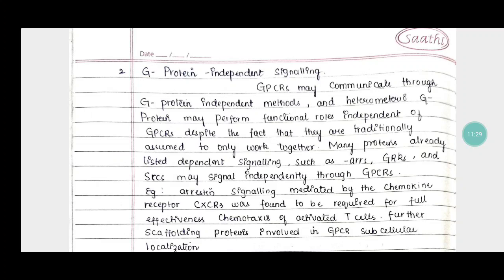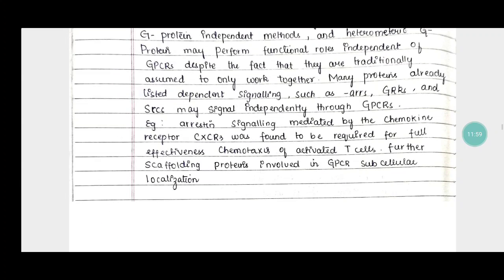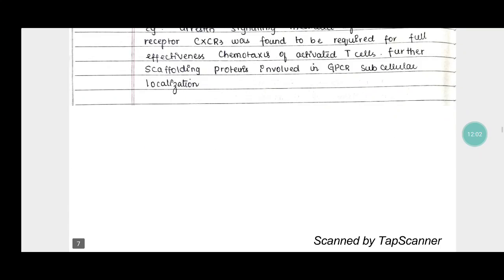Many proteins listed as dependent signaling, such as arrestins, GRKs and SRCs, may signal independently through the GPCRs. For example, arrestin signaling mediated by the chemokine receptor CXCR3 was found to be required for full activation and chemotaxis of activated T cells. Further, the proteins are involved in GPCR subcellular localization.